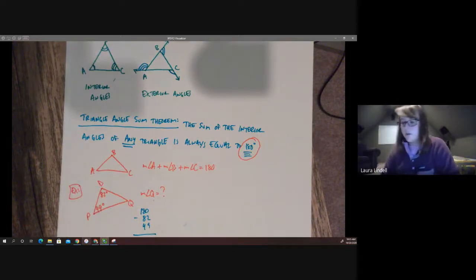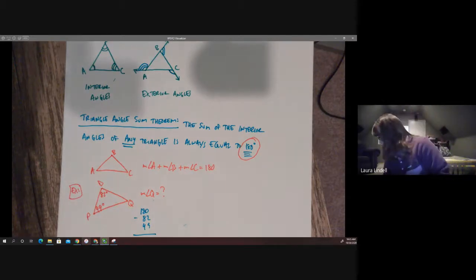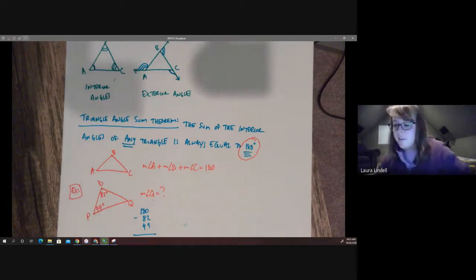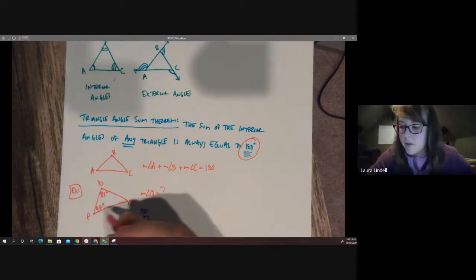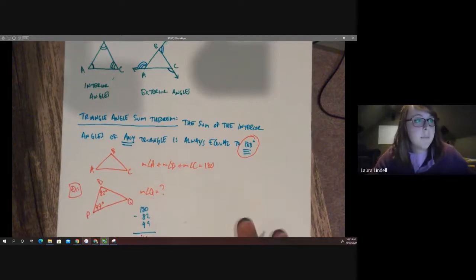So we would just go 180 minus 82 minus 49. Which gives us 49 again. Happy accident there. 180 minus 82 minus 49 gives us 49.